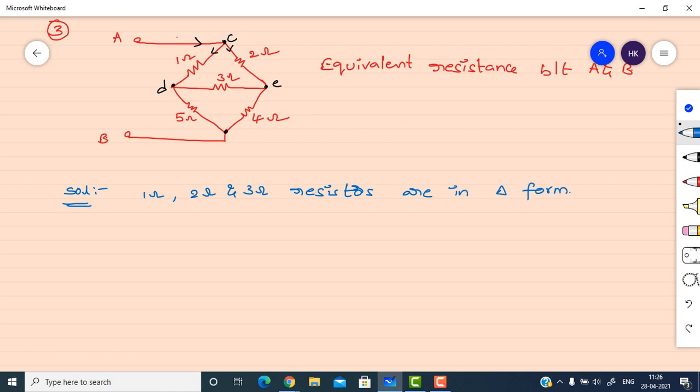Then what I am doing, I am converting delta into star. So for that, first I will take the delta connected network. This is 1, this is 2 and this is 3. So I am converting into star form.